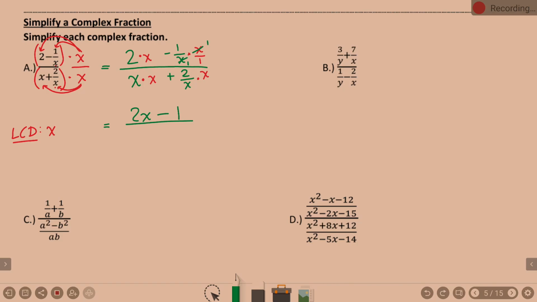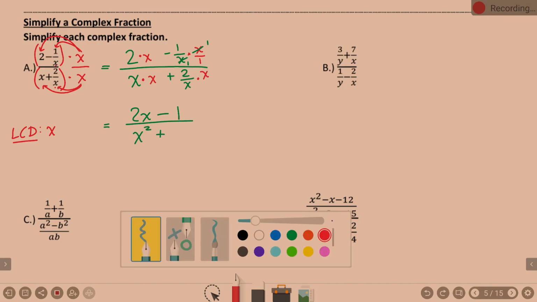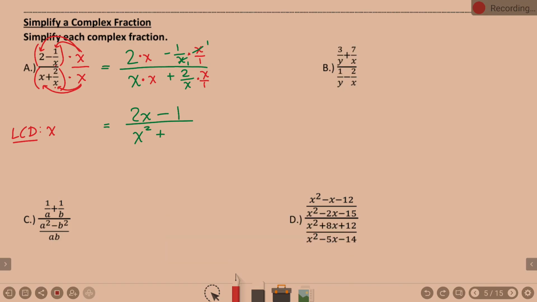Okay, same thing on the denominator. We're distributing that x. X times x is x squared plus 2 over x times x. Well, what do we think of this x as? X over 1. You can say 2x over x if you want, but that's not how I like to do it.